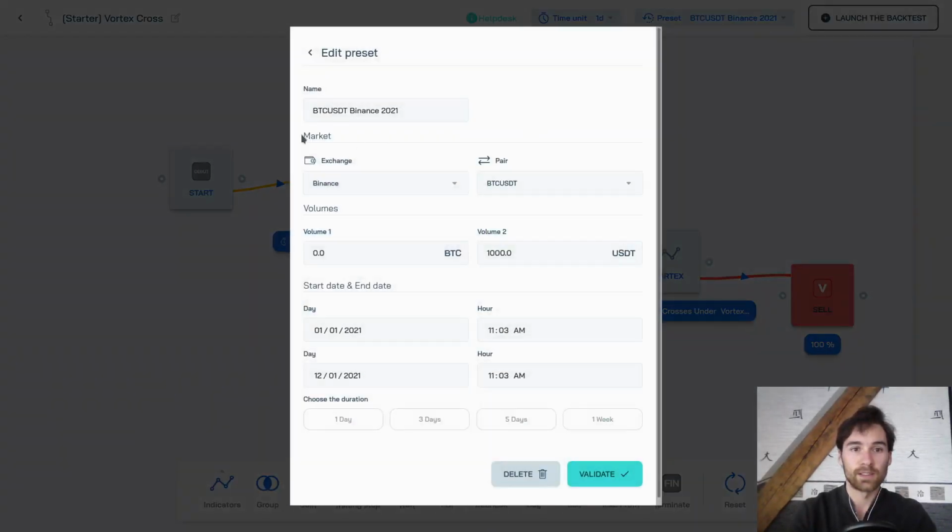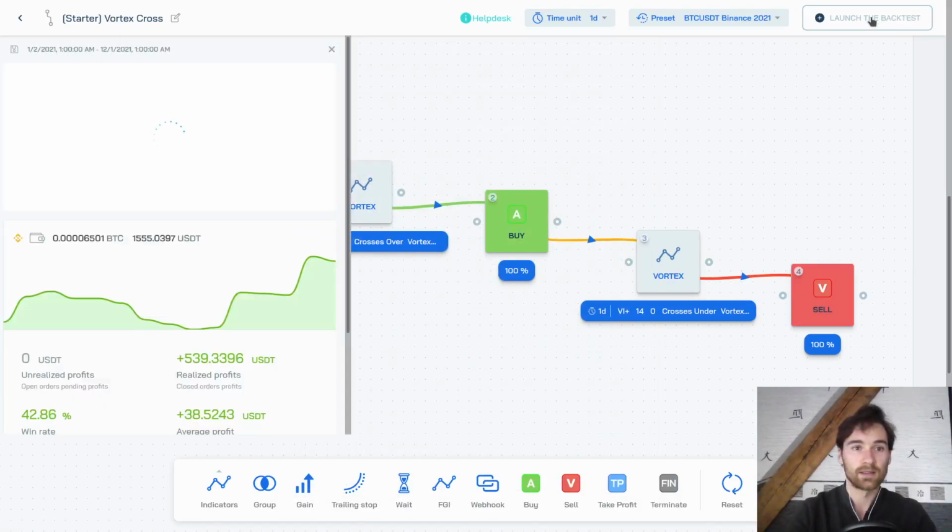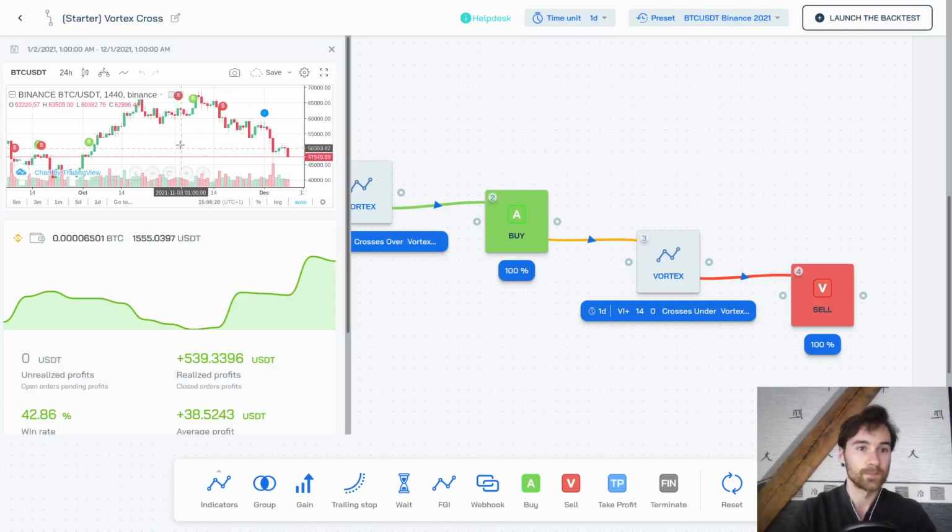So here is my configuration. It will be on Binance, BTC USDT with 1000 USDT, and on the full year, so from the 1st January to the 1st December. Okay, let's launch the backtest and see the result.